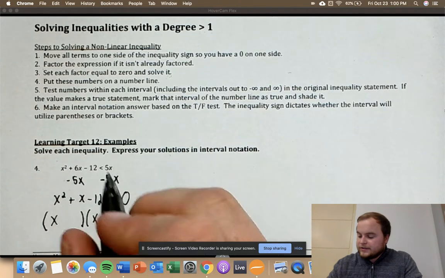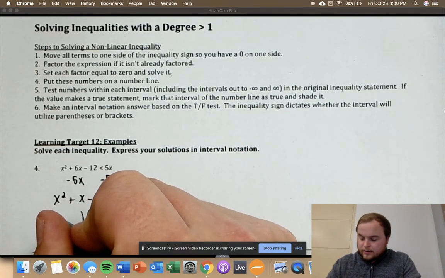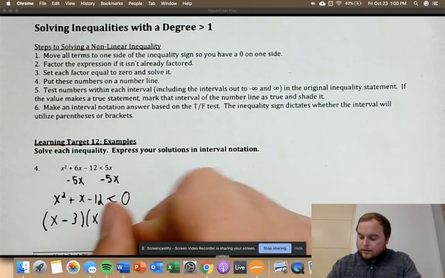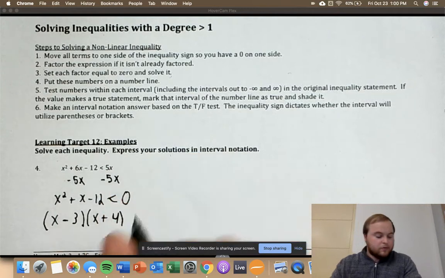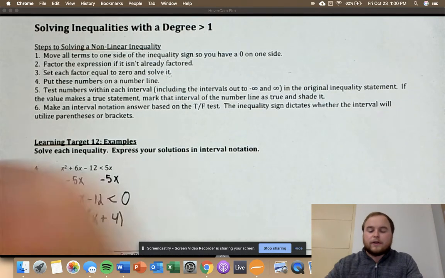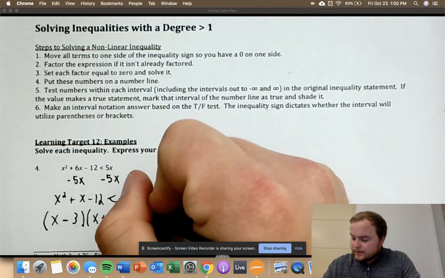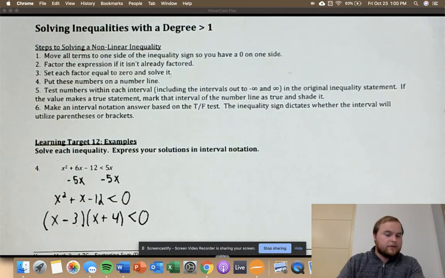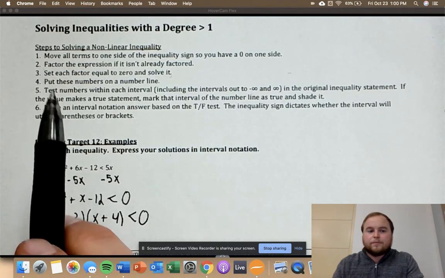Well, that's just going to be negative 3, positive 4, because negative 3x plus 4x will give me 1x right in the middle there. So that's going to be less than 0. Cool.